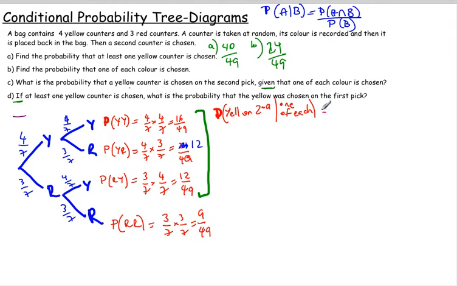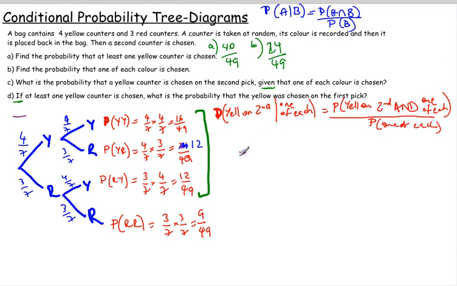And now I'm simply going to apply the formula. So I want, first of all, the probability of yellow on second, and, which is what intersection is, one of each. And I'm going to divide that by the probability of one of each.